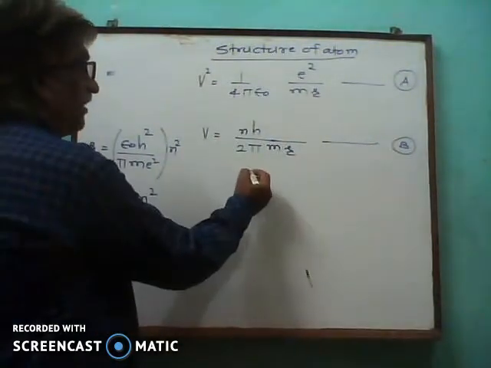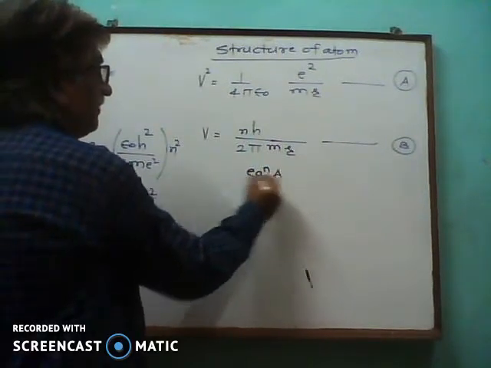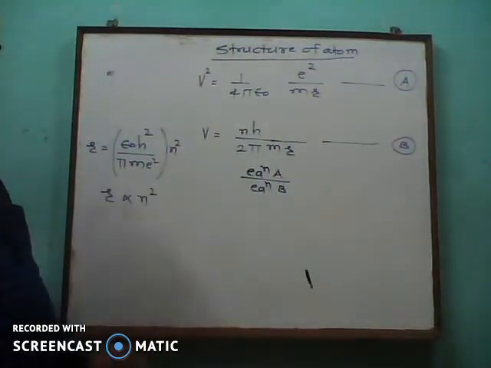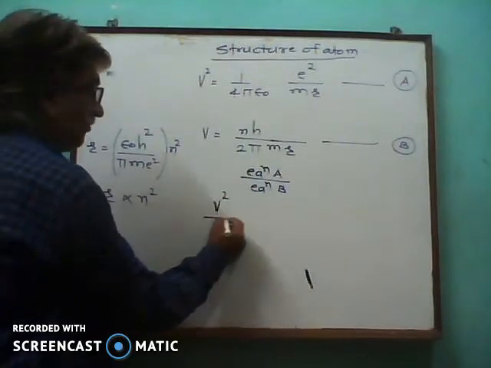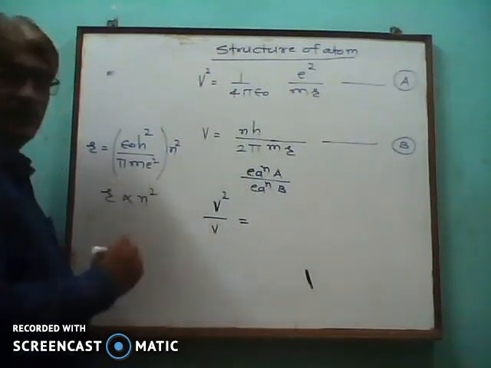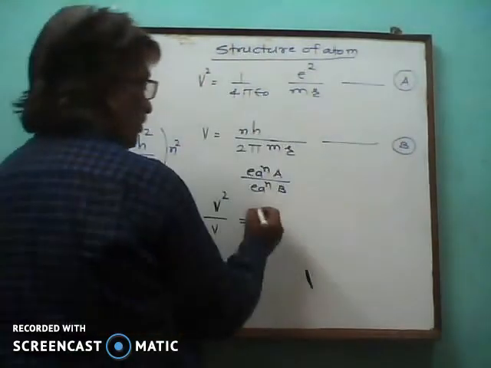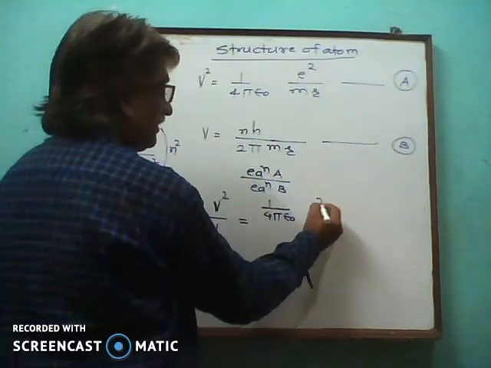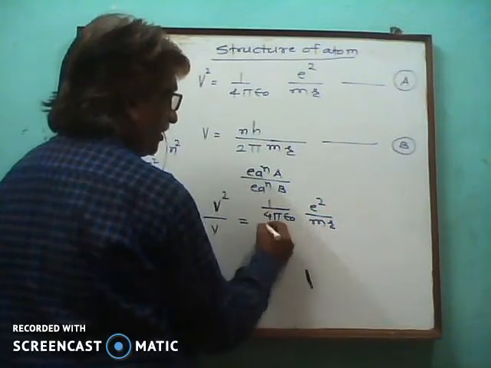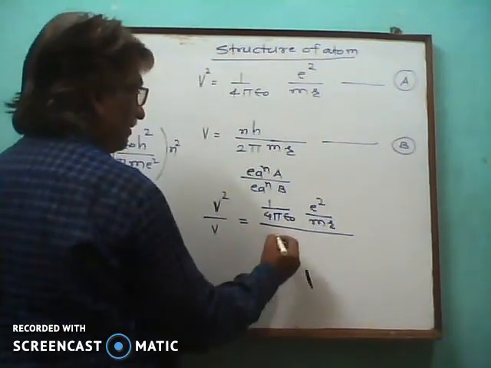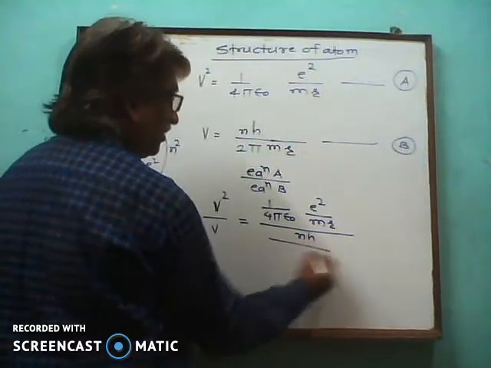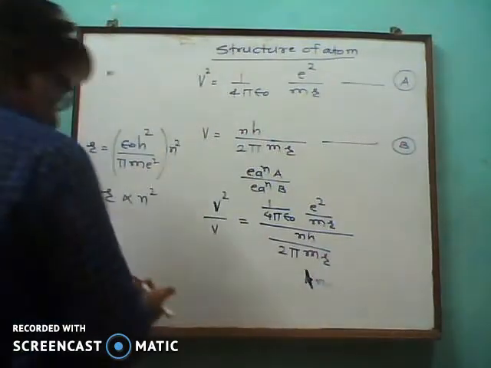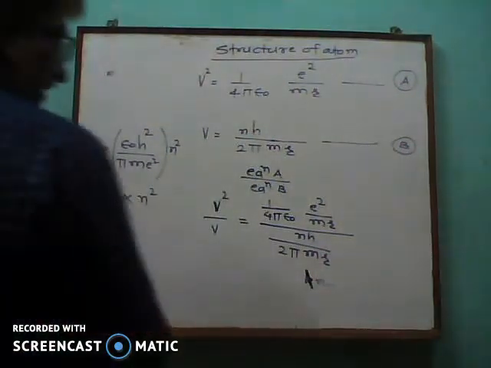See here, if equation A is divided by equation B, what happens? v square upon v is equal to, left hand side divided by left hand side, is equal to 1 upon 4 pi epsilon 0 e square upon mr upon nh upon 2 pi mr.